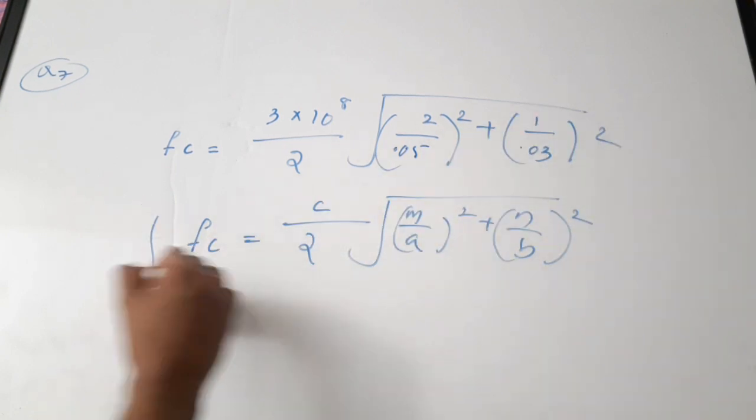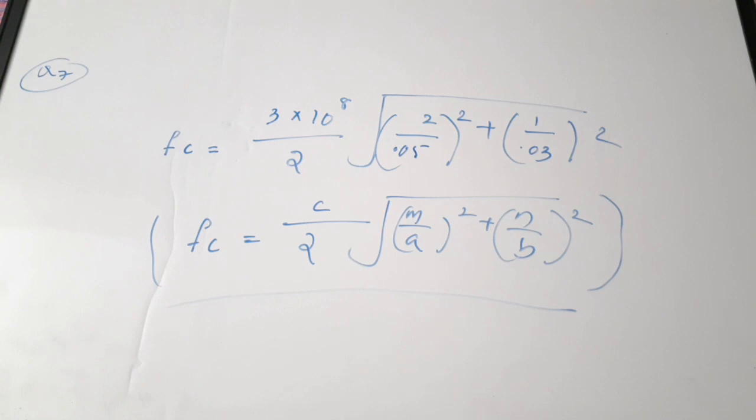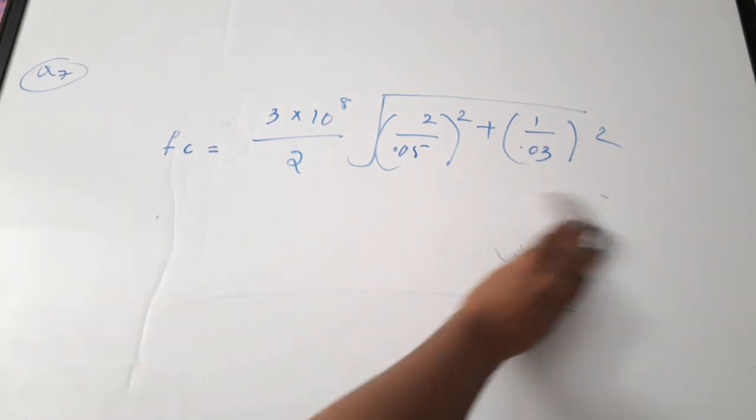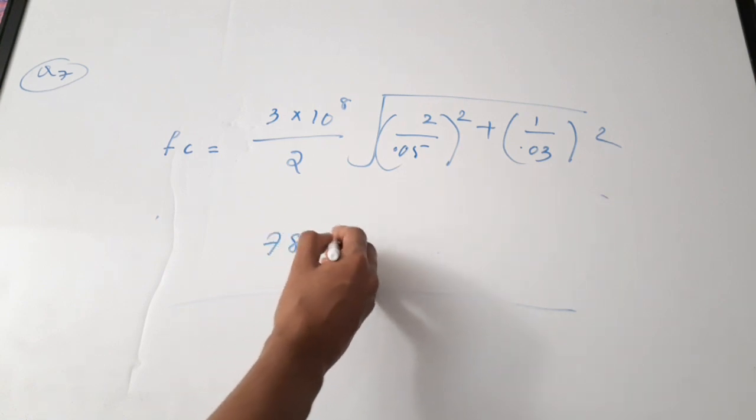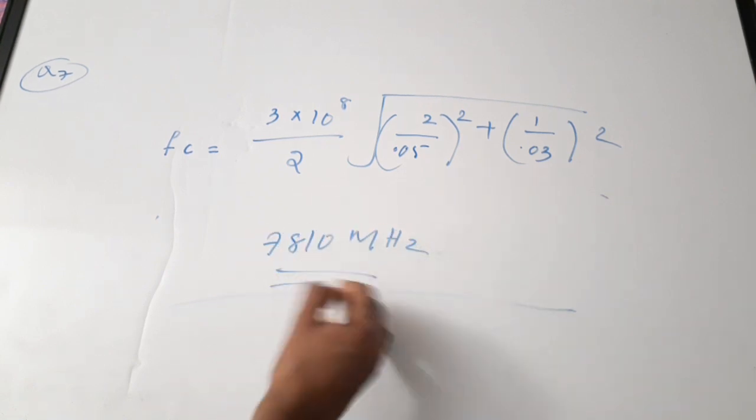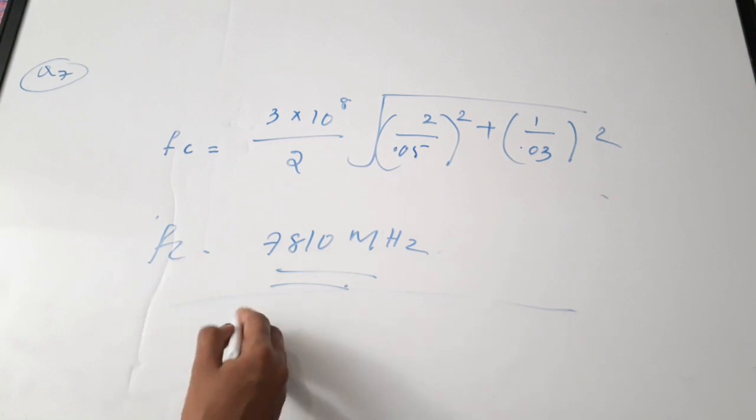Okay, so this is a general equation. Note it down if you don't know. Fc is equal to C by 2 square root of M by A square plus N by B square. Then you have to solve this, and while solving it you will be getting 7810 megahertz. Okay, so that is the cutoff frequency. Correct answer is option C.